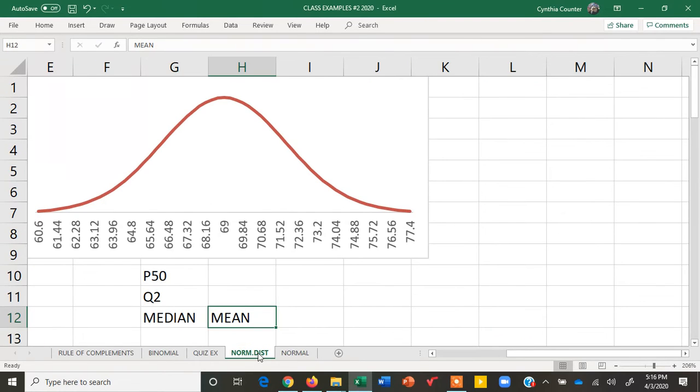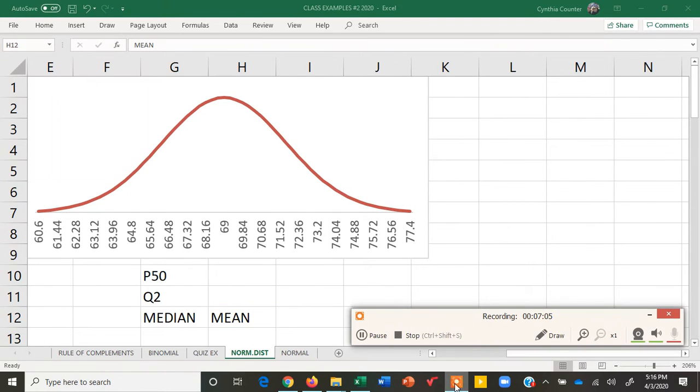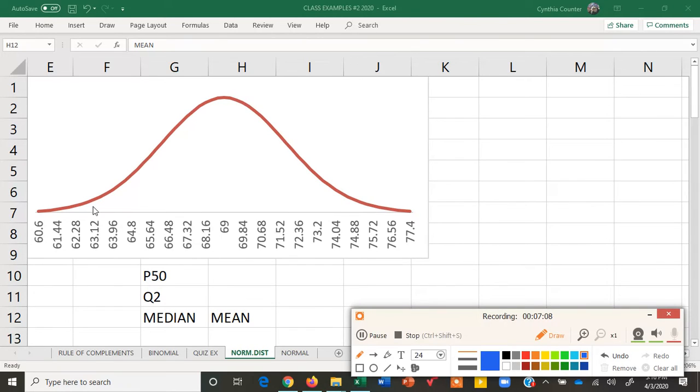Let me show you that with the picture here. So when we see the bottom 2.5% would be down here, so in this left tail, we would have 2.5% of the data, which then corresponds to the percentile 2.5. But if we were separating the top 2.5% from the rest, the top 2.5% are up here in the right tail.